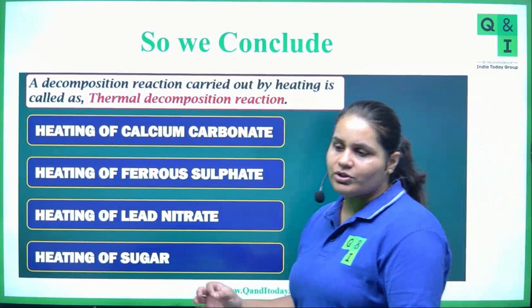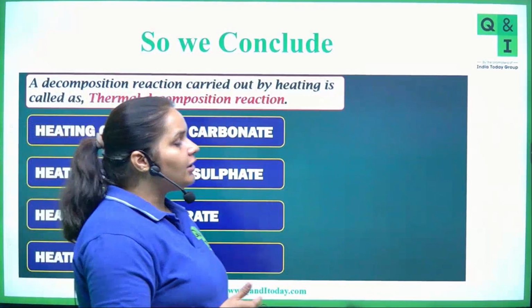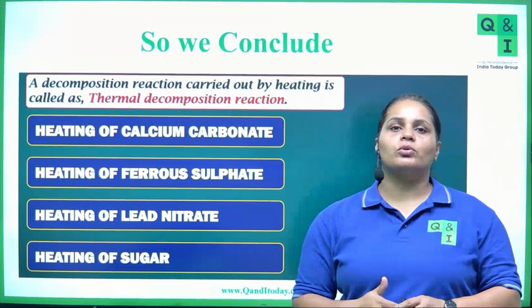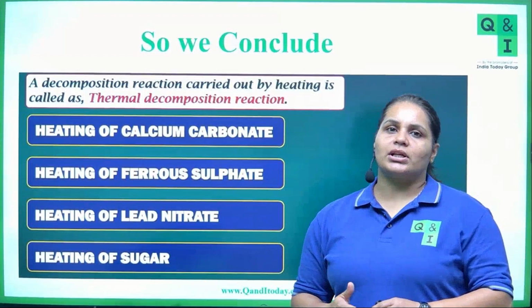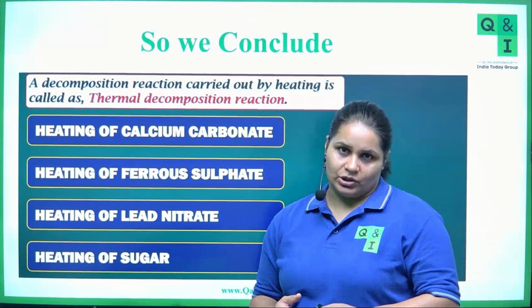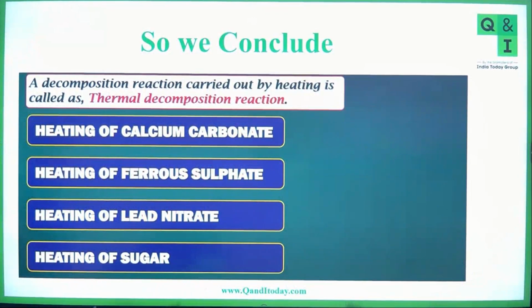So whatever was required, we did it one by one. We have to do photochemical decomposition and the electrolysis, but in the next session. Right now, we will be practicing the questions based on it.